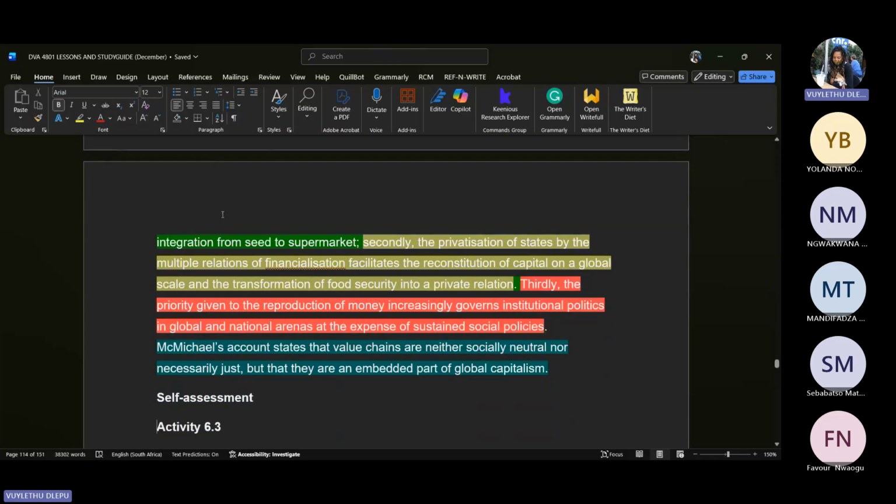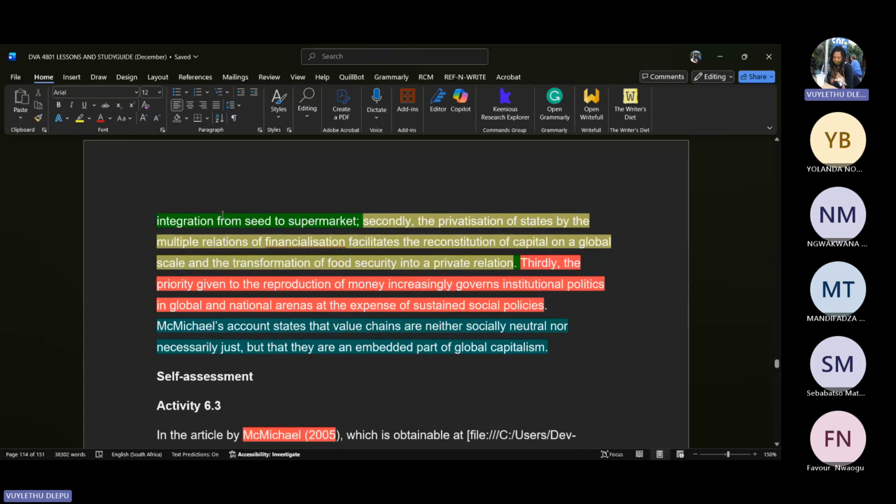So McMichael's account states that value chains are neither socially neutral nor necessarily just, but that they are an embedded part of global capitalism. So now you kind of pick up on McMichael's arguments and what he's trying to say.